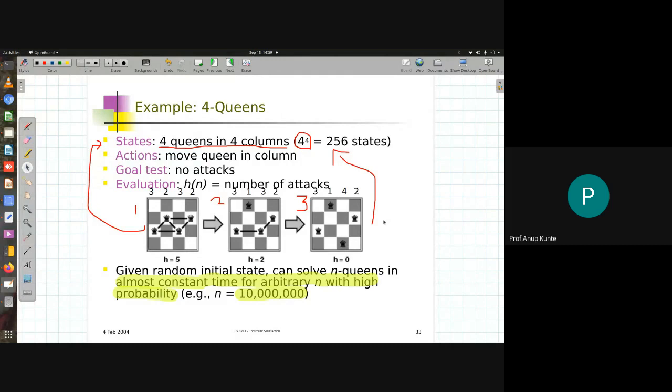Now, with this particular way of looking at an n queens problem, to define state, action, goal test, and some evaluation function, we can naturally use a local search method here: hill climbing, or maybe an advanced version of hill climbing that gives me an optimal solution. Do you remember the metallurgical equivalent of hill climbing?